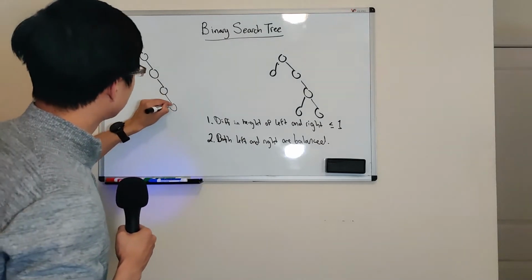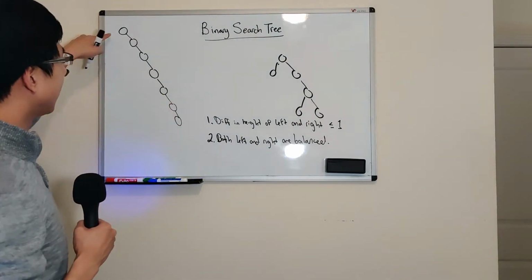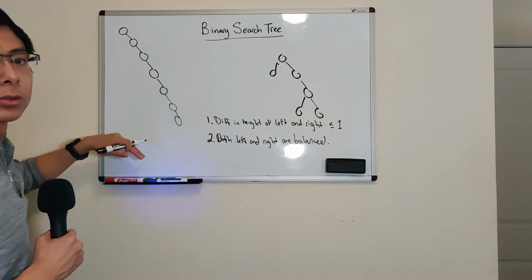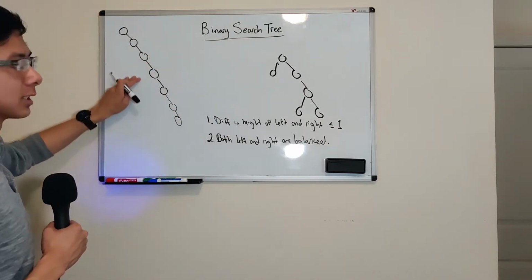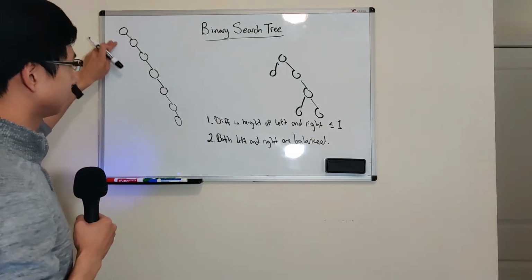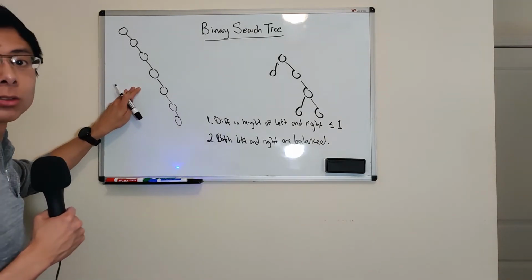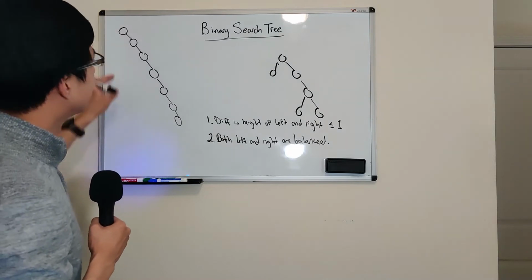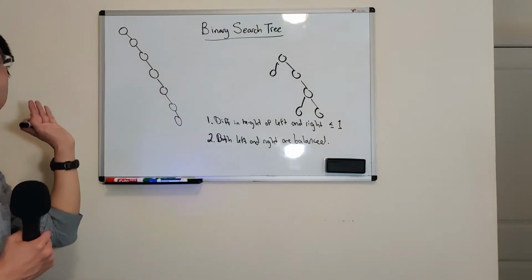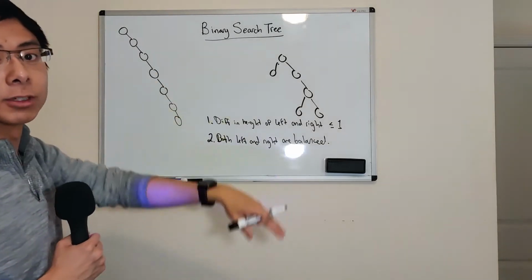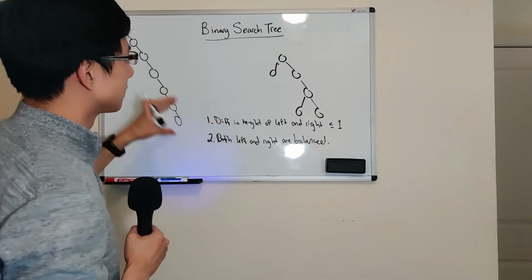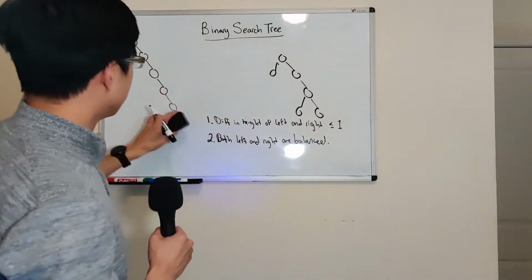If the tree looks like this, then the height of the tree is just equal to the number of elements, or number of elements minus 1, technically. So the time complexity is no longer log of n, it becomes O of n, basically linear search. This tree doesn't allow you to get rid of half of the elements at every step, because there's no left side, it's all right heavy. So this isn't considered balanced, and this would be very bad for searching.